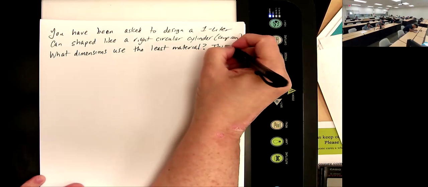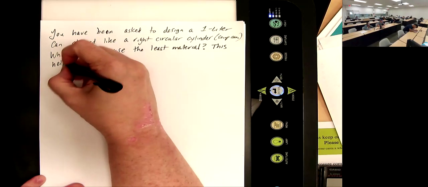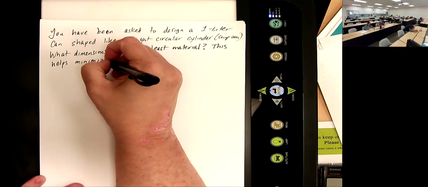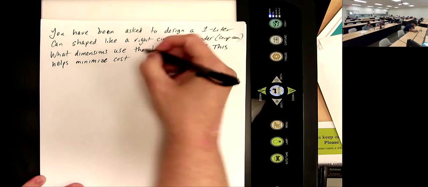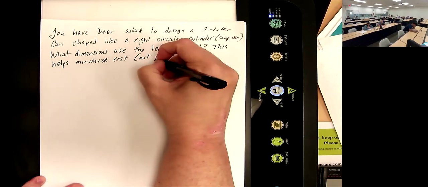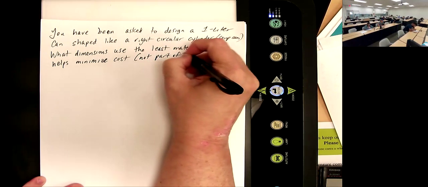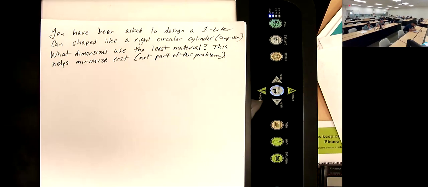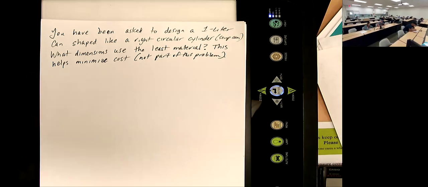This helps minimize costs. But that's not part of this problem. We're not working on the costing, we're just gonna minimize the amount of material needed to make the soup can.